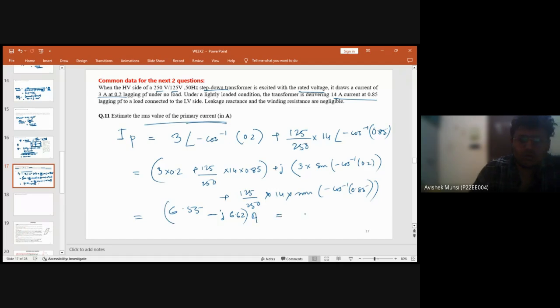So root over of this one plus this one, and the angle will be tan inverse of this. So the magnitude is 9.317, and the angle is tan inverse of 6.62 by 6.65.